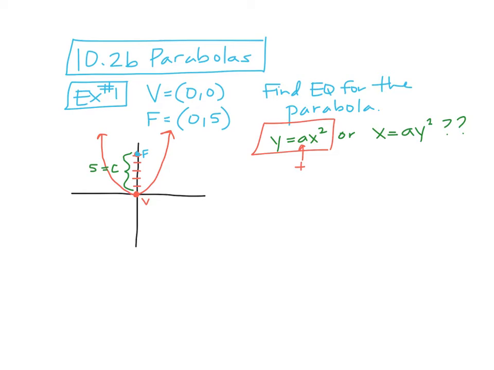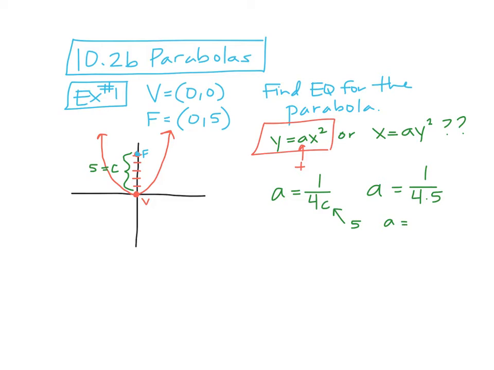And we are going to use our famous formula here, a equals 1 over 4c, to figure out what our a should be. Since we know c is 5, we can just plug a 5 in right here. So a is going to be 1 over 4 times 5.